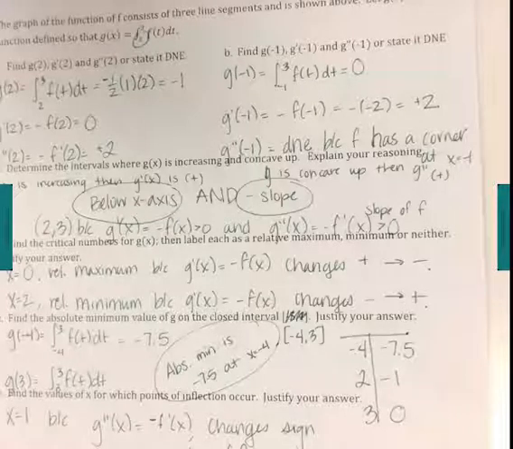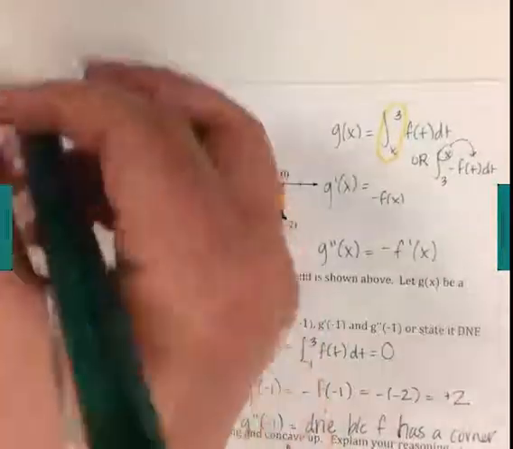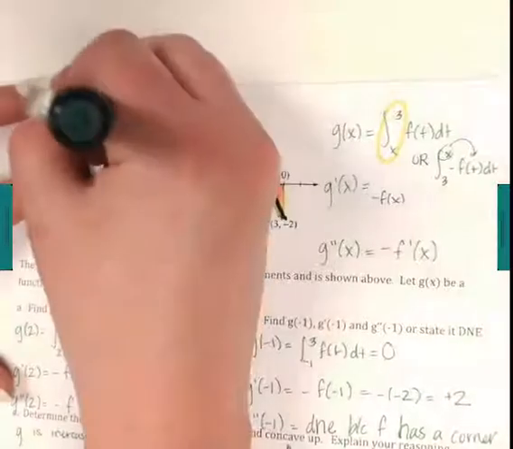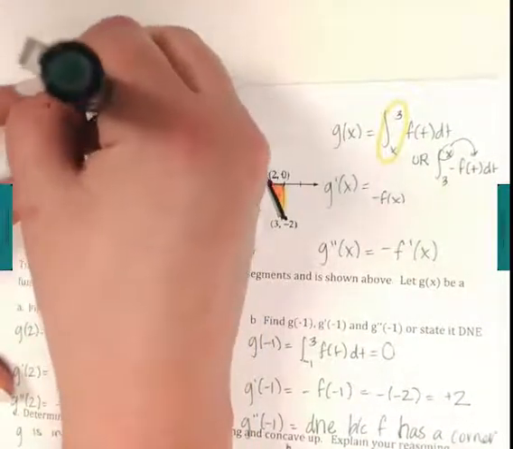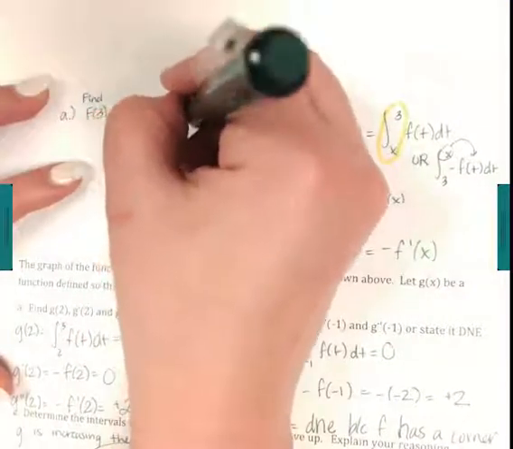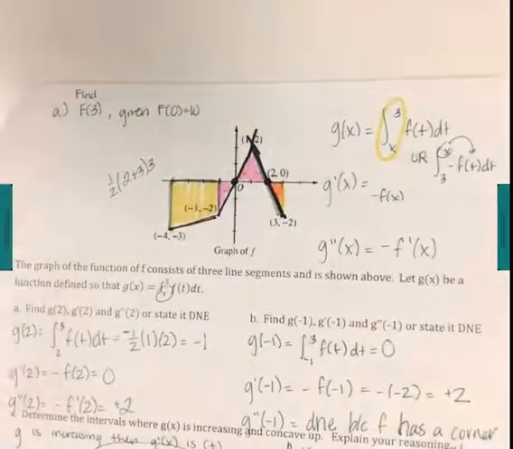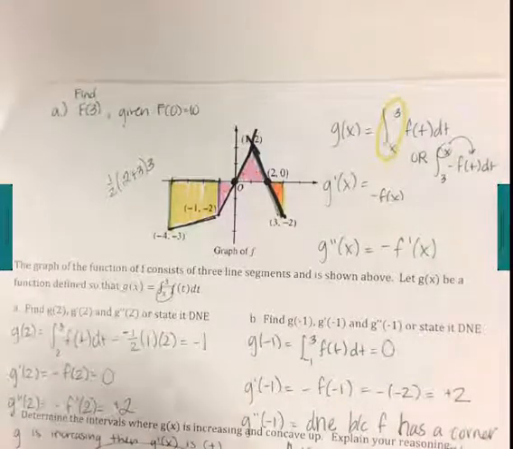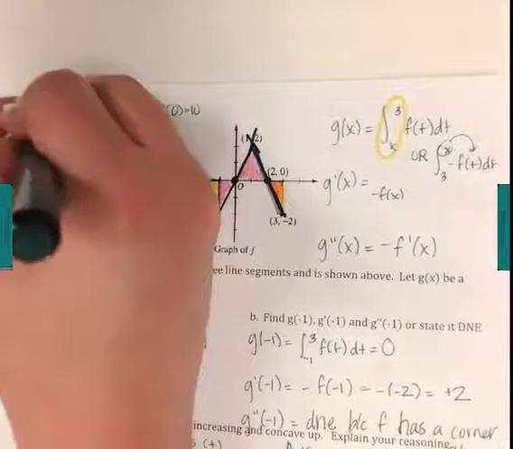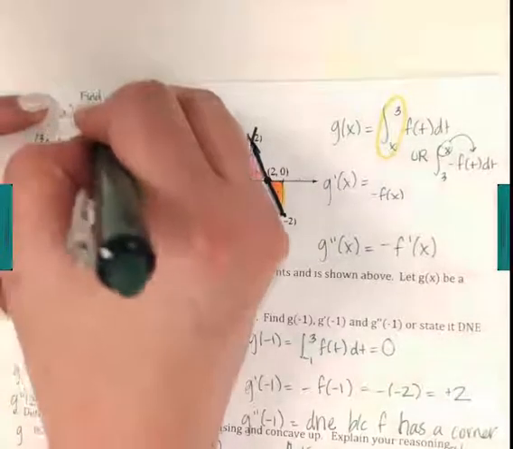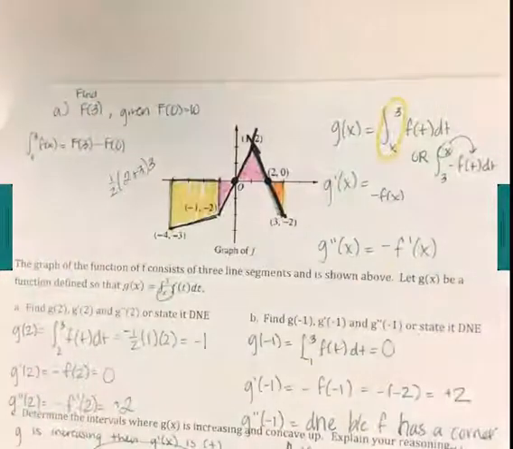Okay? Now, the last question that I want to just give you to think about is what if they told you to find, let's say, f of 3, and you were given f of 0 is 10. Let's just pretend that they gave you that. Then what you would do is you would set up the version B. Okay, the integral from 0 to 3 of little f is capital F of 3 minus capital F of 0.